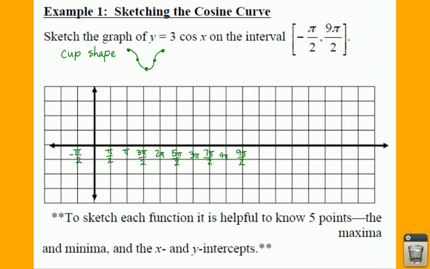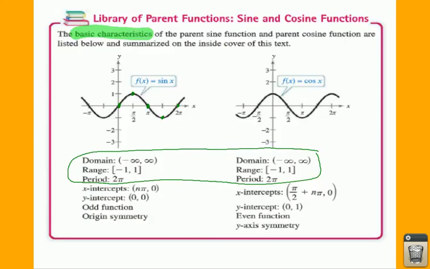Now, this 3 out front is telling us that we're actually going to have a height of 3, not just a height of 1. Back here on our cosine curve, if you have just a 1 in front, then that goes up to 1, and that goes down to negative 1. Well, if we throw a 3 in front, that's going to move this to a height of up 3, and it's also going to be up 3 over here.